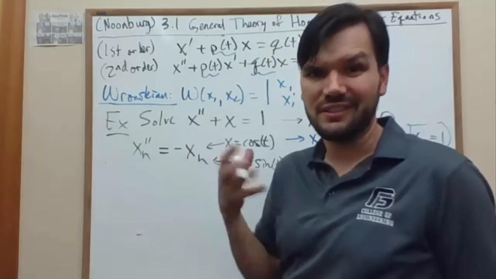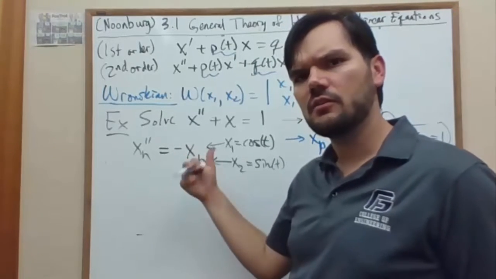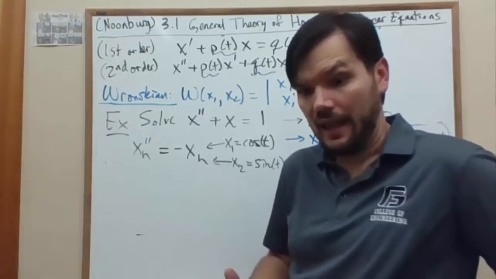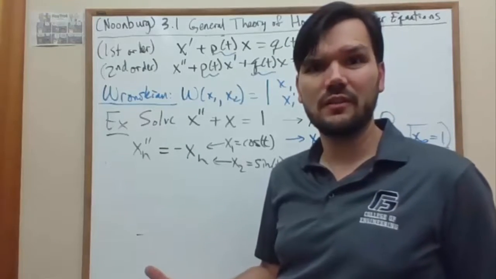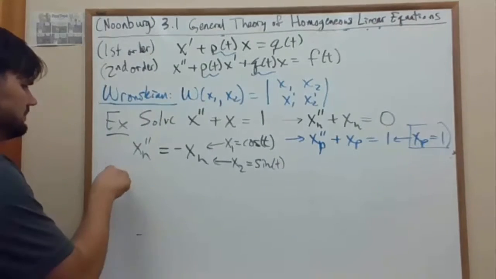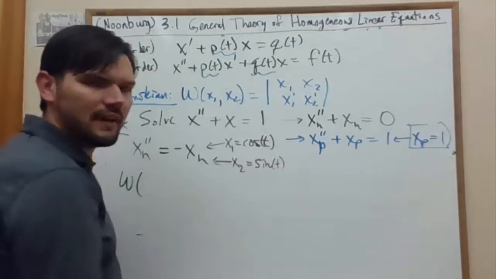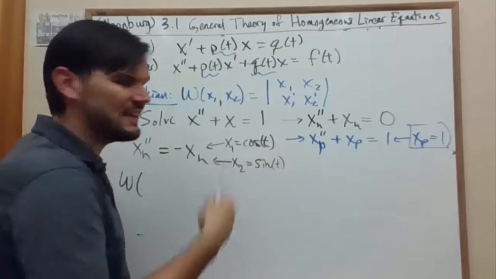I just rewrote it to inspect it a little bit easier. Now I want to check to see if these are linearly independent at all points, or if there are some points where they are dependent. So let's check the Wronskian. We know we have enough vectors. We just don't know if we have the right kind of vectors, right?